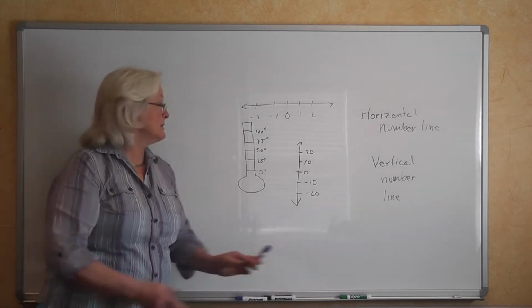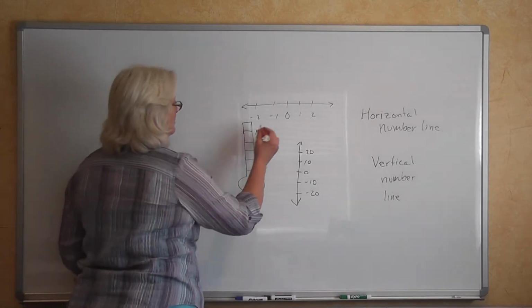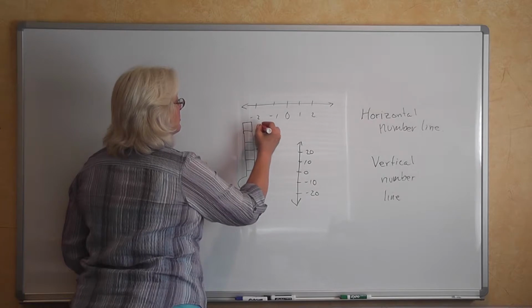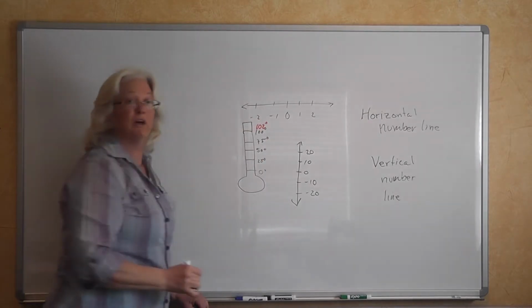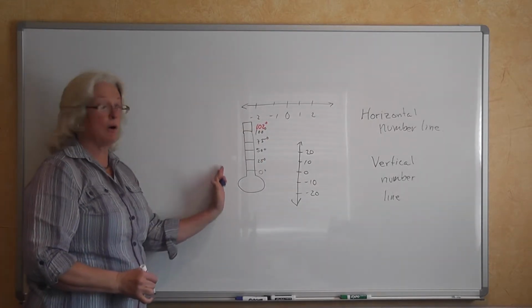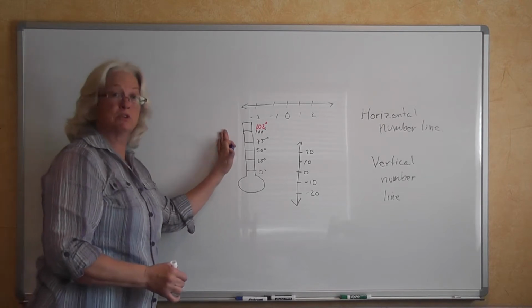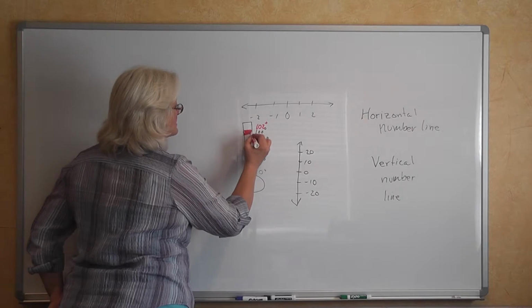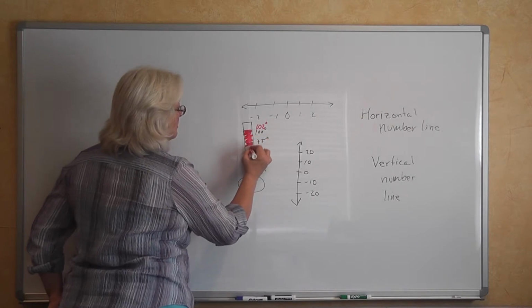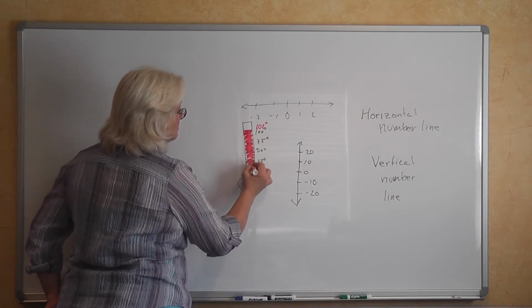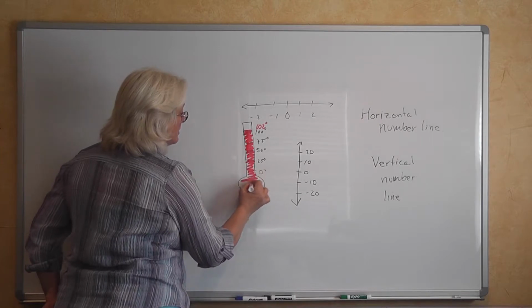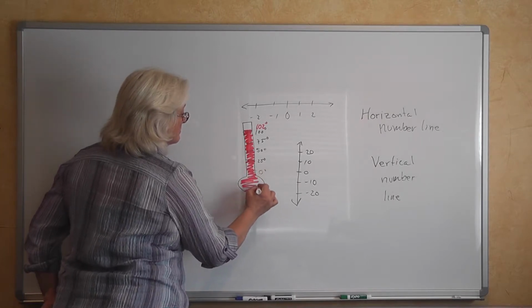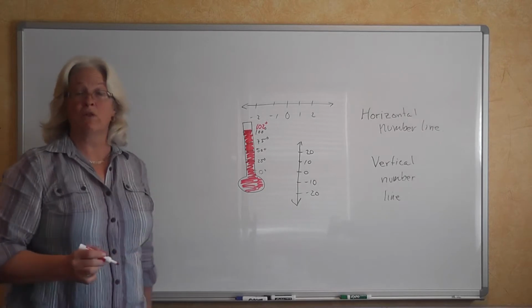It's nearly September. The forecast temperature for today is 102 degrees. So if we wanted to graph 102 degrees on our vertical number line, what would this thermometer look like? Well, all of this here would be filled in. So a thermometer is nothing more than a vertical number line.